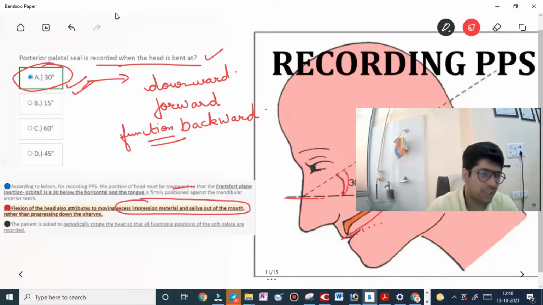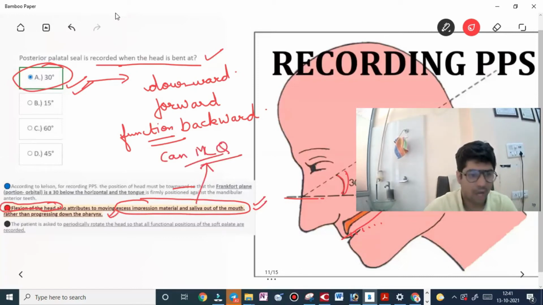So if you get a question, the flexion of the head while recording PPS helps remove excess material and saliva out of the mouth rather than progressing down the pharynx. So remember, this can be asked in one of your MCQ exams.